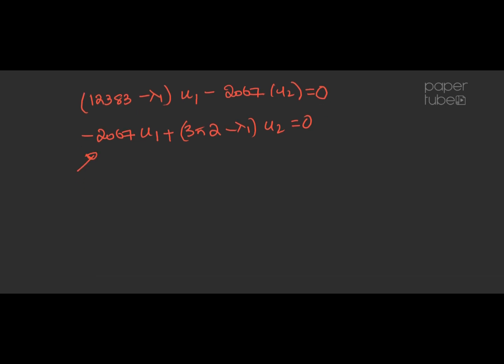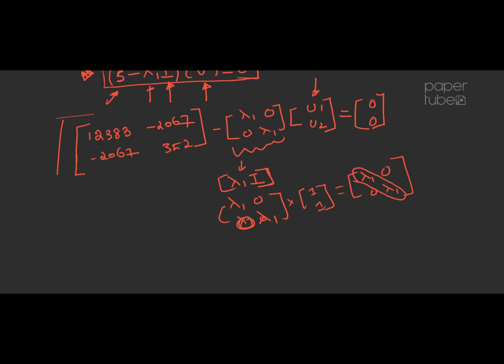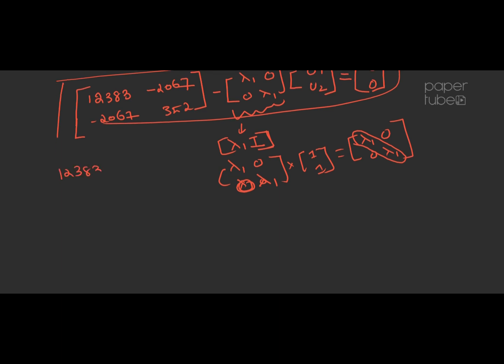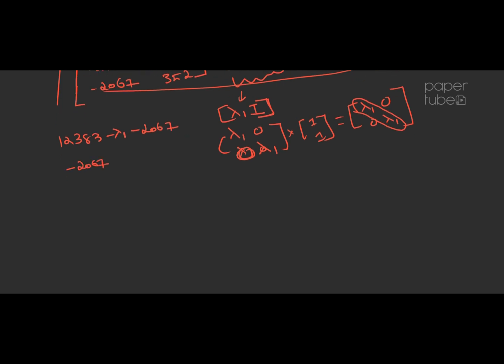How does this come about? If you expand this expression, you get 12383 minus lambda 1, minus 2067, minus 2067, 352 minus lambda 1.